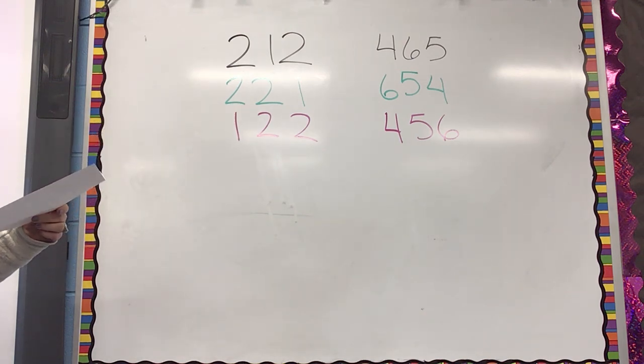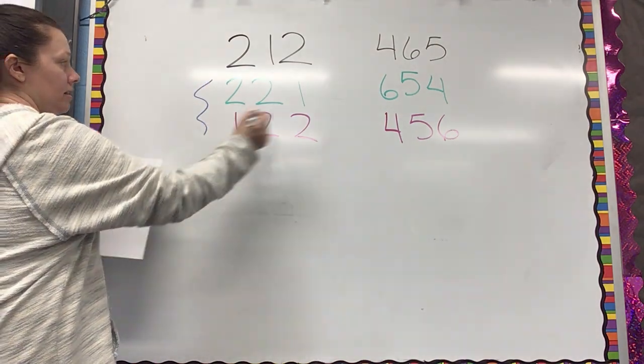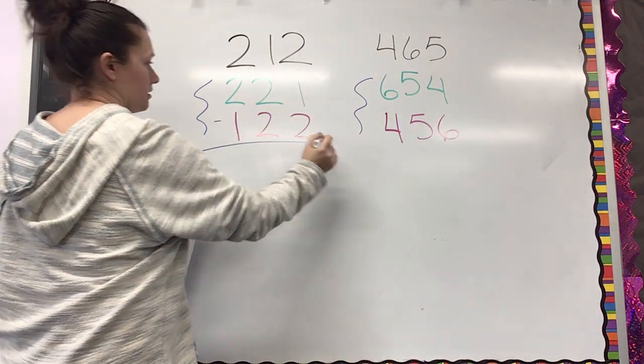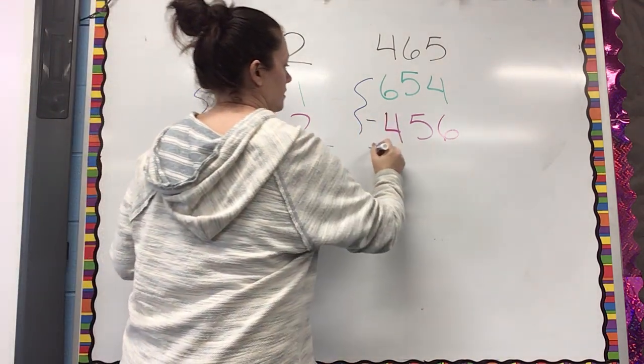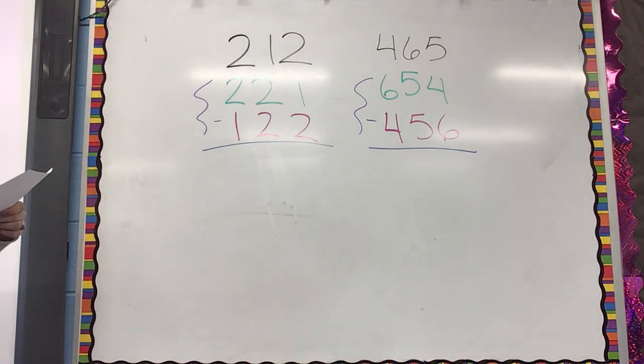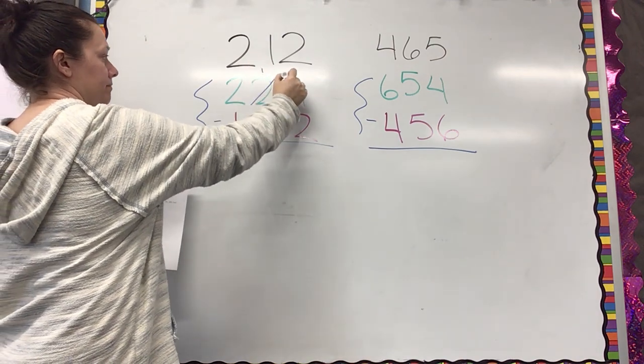Our next step is to subtract. So you're going to take these 2 numbers right here and subtract. Okay, subtract. So I've got to borrow on mine.